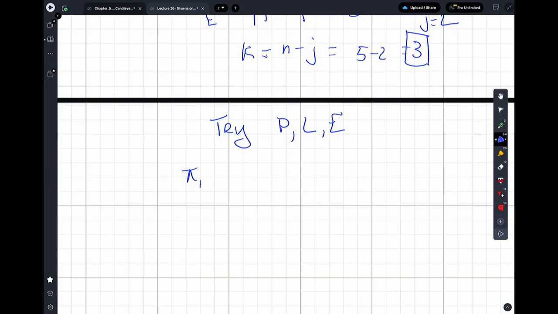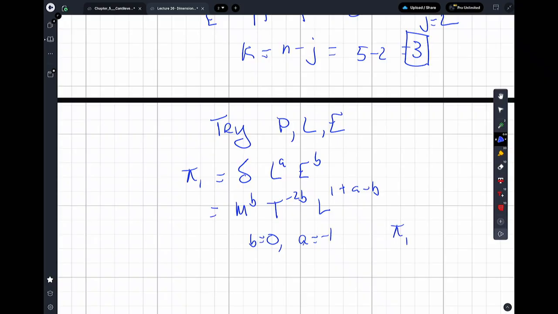So for pi 1, I'm going to use delta, L to the A, E to the B, and it will end up with M to the B, T to the minus 2B, and L to the 1 plus A minus B. And I end up with B equals 0, that's the only sensible result, and A equals minus 1.